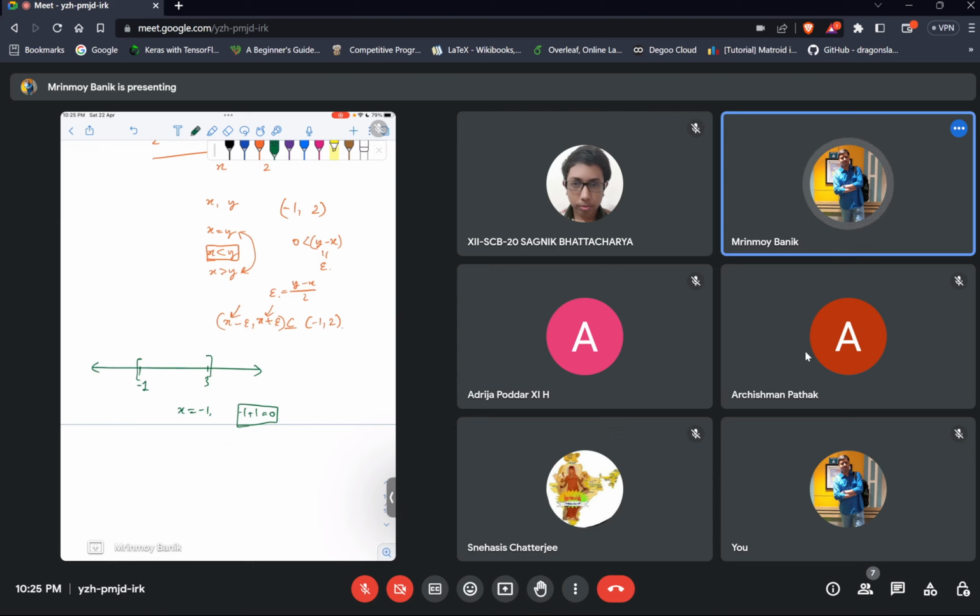To show it is actually closed, we have to look at the second property.